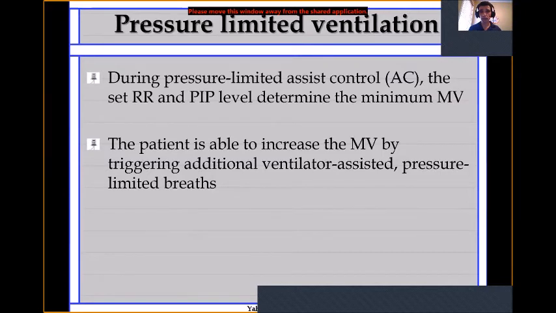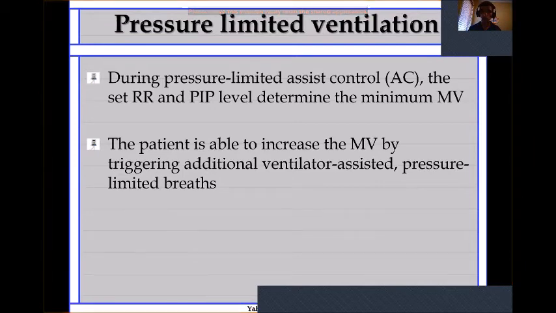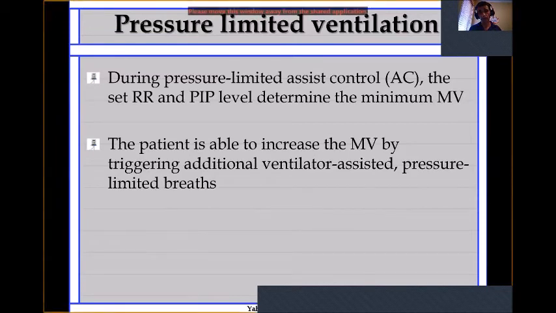In pressure limited, the PIP and the rate give you the minute ventilation, while in volume limited, the rate and the volume give you the minute ventilation. So again, in pressure limited you set the pressure and keep the volume variable. In volume limited you fix the volume and keep the pressure variable.